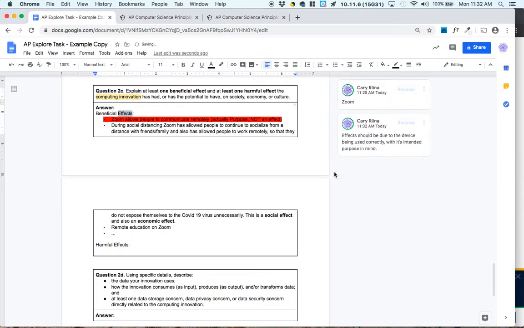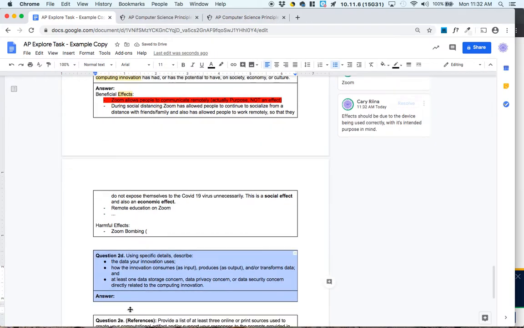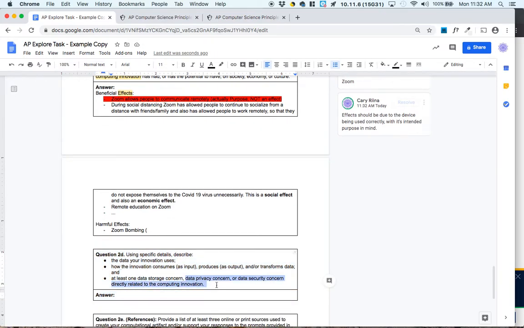So the place where my brain immediately went when I thought of harmful effects was Zoom bombing. People have been going into Zoom rooms and posting racist things or explicit things and interrupting meetings and screaming and doing crazy things like that. But Zoom bombing is not a good choice of harmful effect because this is actually more related to question 2D. This is a data privacy concern or a data security concern that's directly related to the innovation.